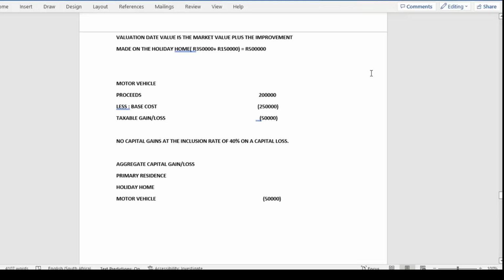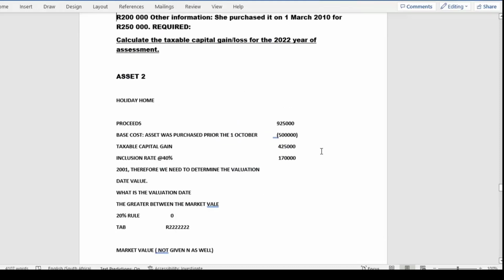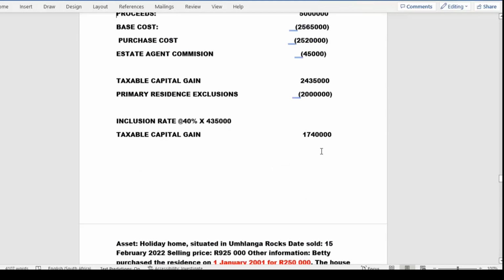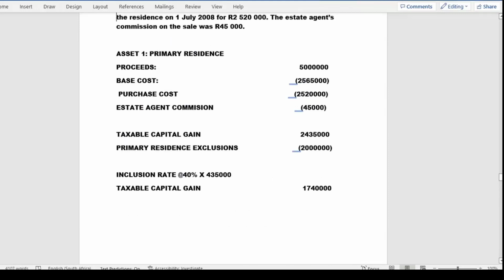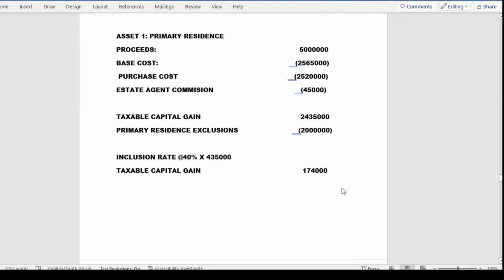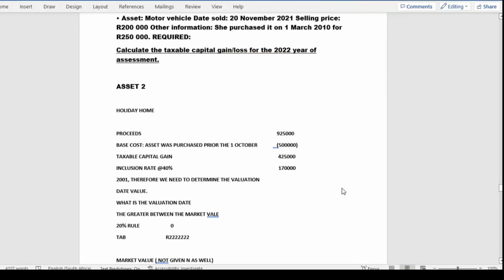You put it here, and then we're going to look at how much was the capital gain for the holiday home, as well as for the primary residence. I've got 435, it's supposed to be 174,000. So for the primary residence, it's 174,000.